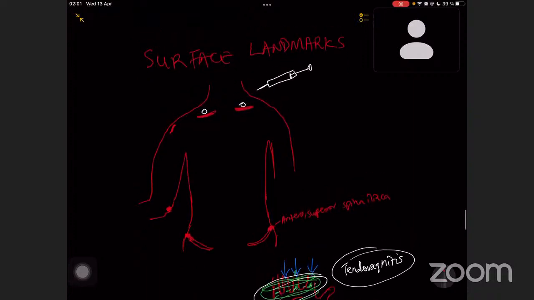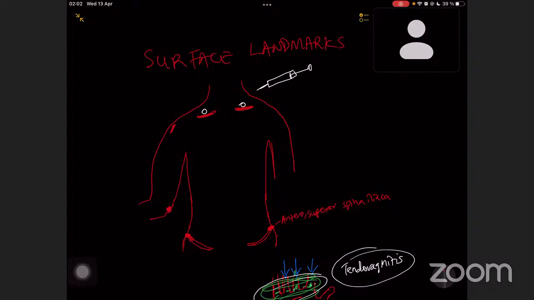Also, as we can see here in our drawing, surface landmarks are widely applied to determine the limits between the regions, as well as for constructing projections of the deeper anatomic structures. So they help us to understand where the deeper anatomical structures are located.